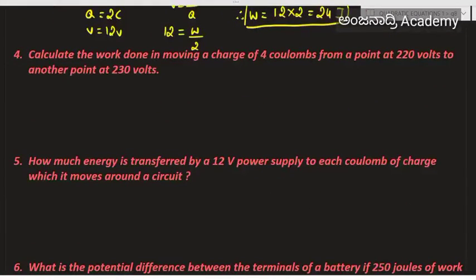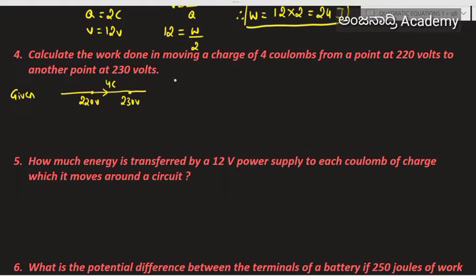Calculate the work done in moving a charge of 4 coulomb from a point at 220 volt to another point at 230 volt. What has he given? In an electric circuit we have to move the charge of 4 coulomb from 220 volt to 230 volt.